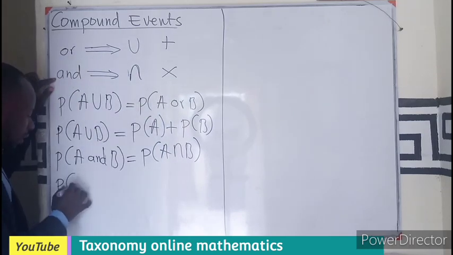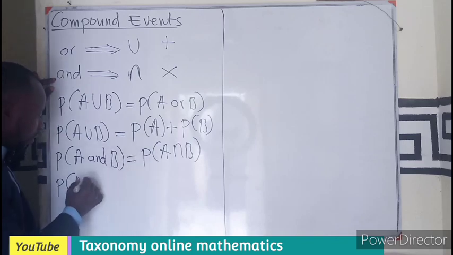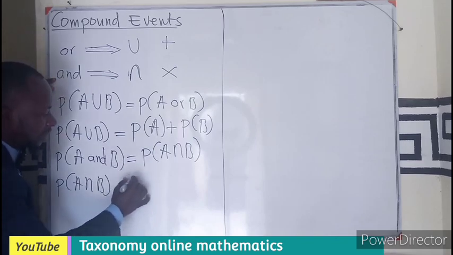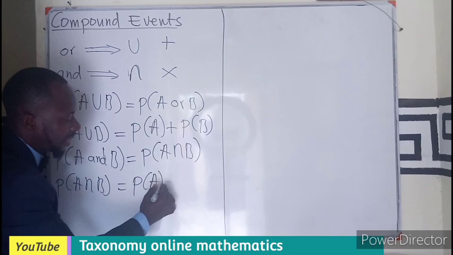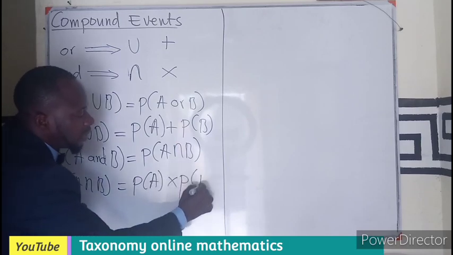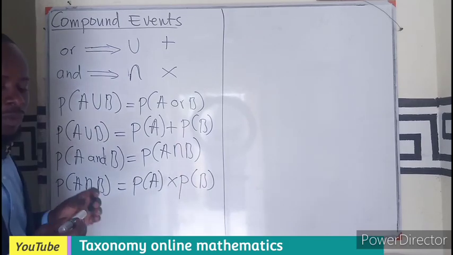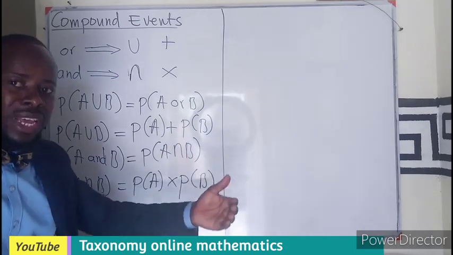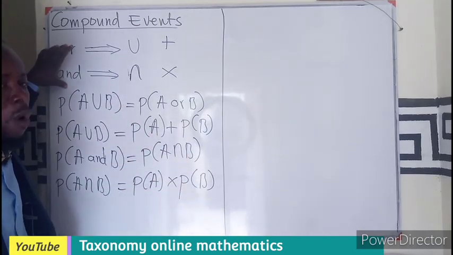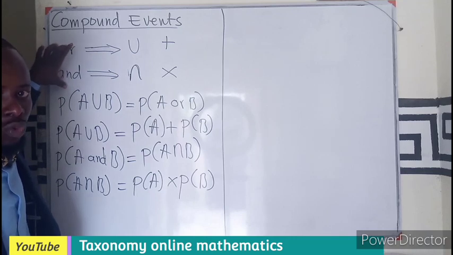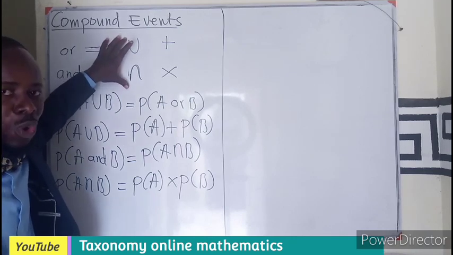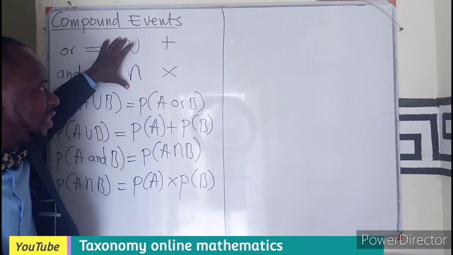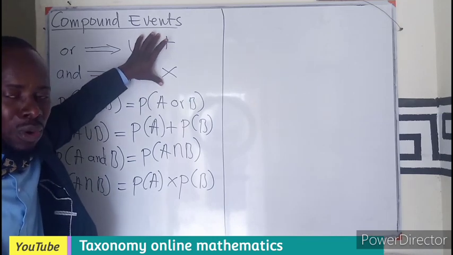Therefore, this could be written as the probability of A times the probability of B. So under combination, we are combining the events using either or and and, which also mean union and intersection, which extensively also mean addition and what?